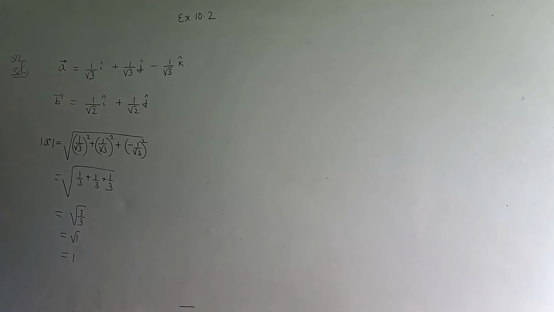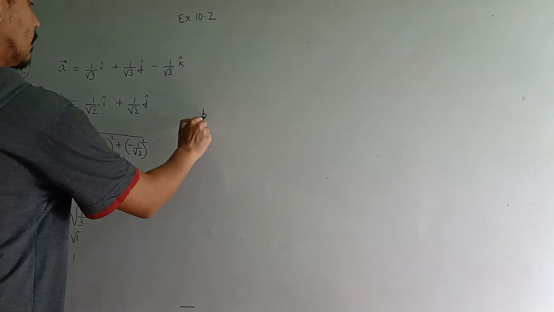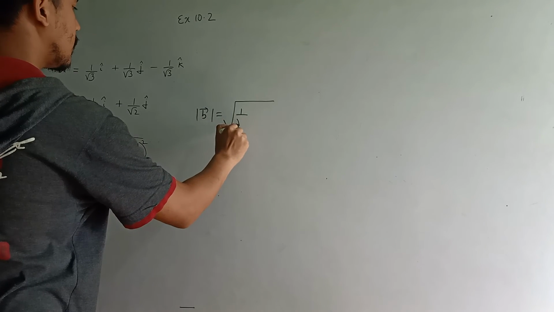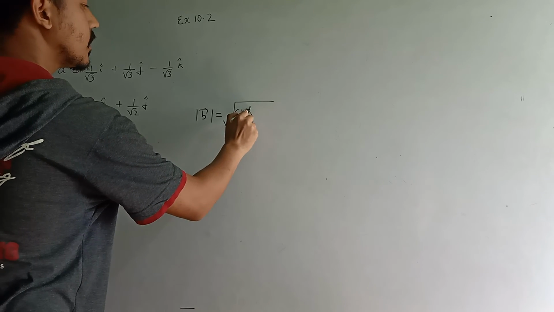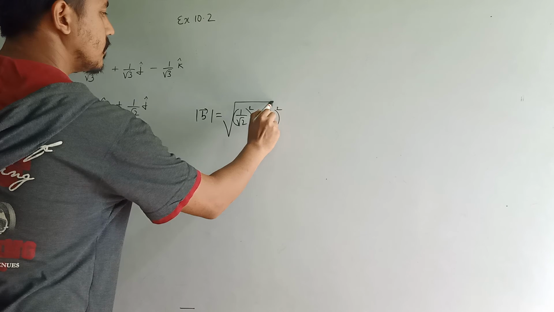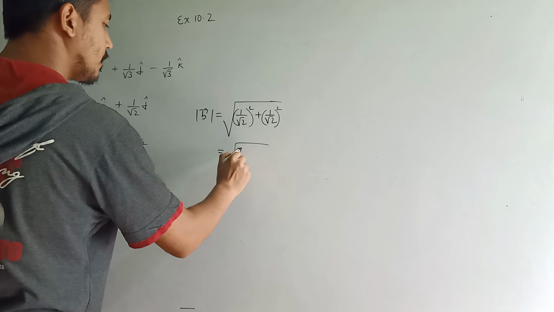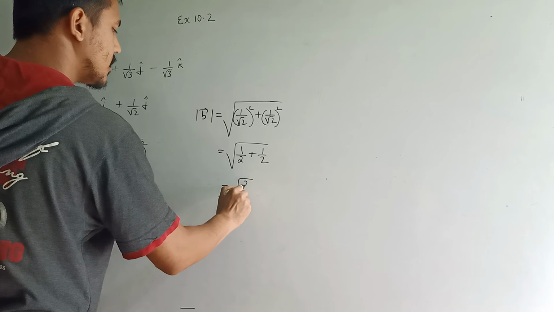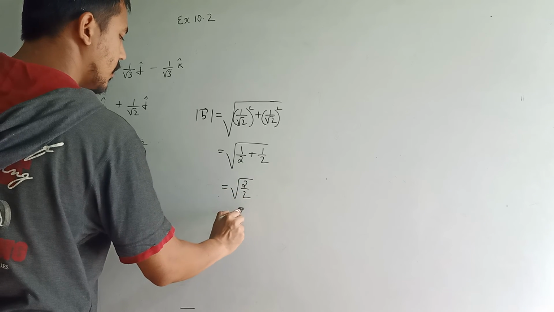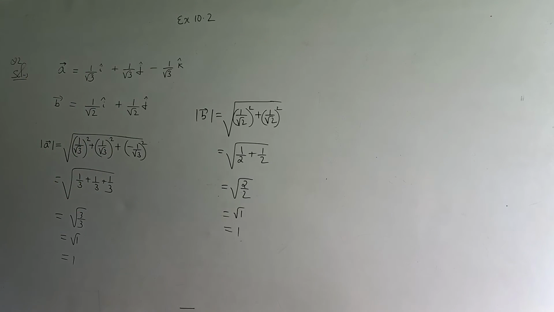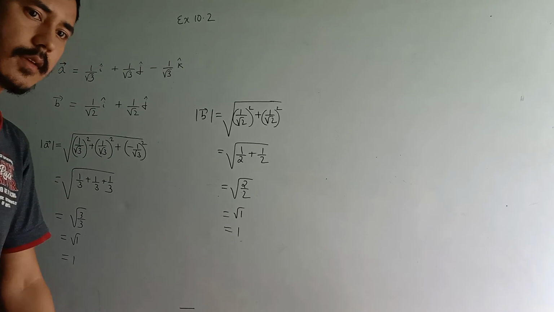So the magnitude of your vector A is 1. Let's go for B. Magnitude of B means the square root of the x component squared plus the y component squared, right? So this is 1 by 2 plus 1 by 2, that is 2 by 2, which is equal to square root of 1. So see, two different vectors having the same magnitude. Okay?